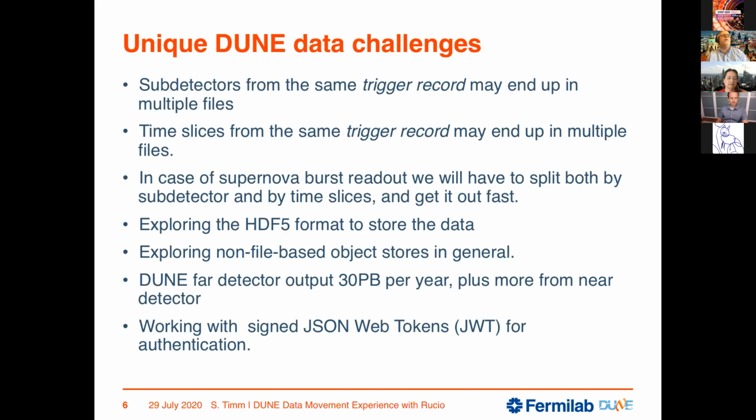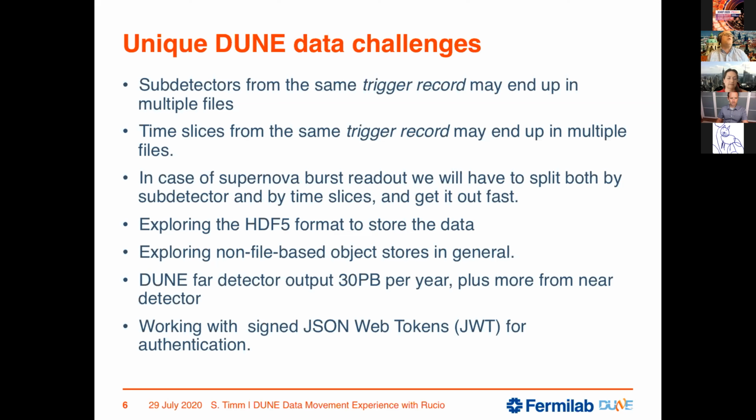In addition to that, we're exploring the HDF5 format for DUNE to store the data. We're exploring non-file-based object storage in general. As previously said, DUNE far detector output is scheduled to be 30 petabytes per year. That is an administrative limit. They could write more if they wanted to, plus more from the near detector. And then we have also the challenge that JSON web tokens, otherwise known as SCI tokens or WLCG tokens, are coming very soon, and we have to be ready for that.